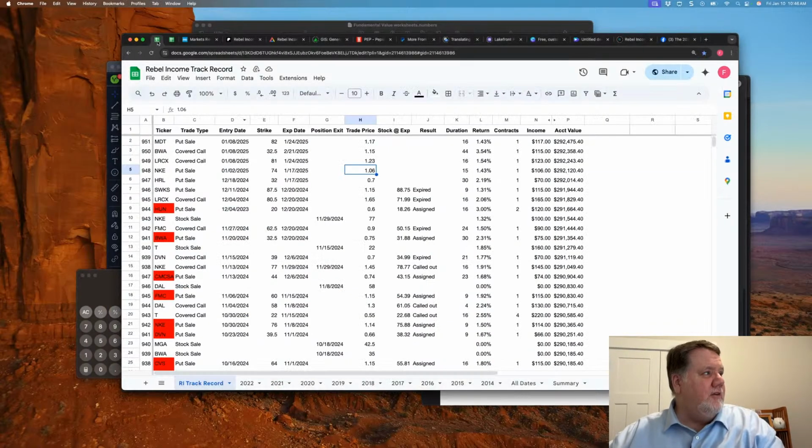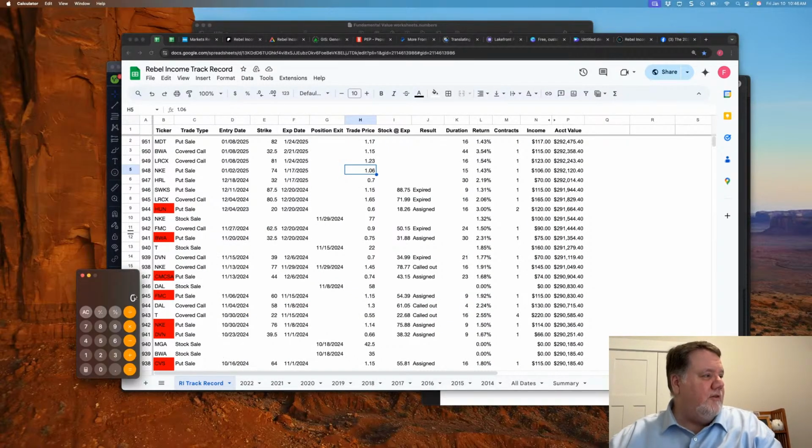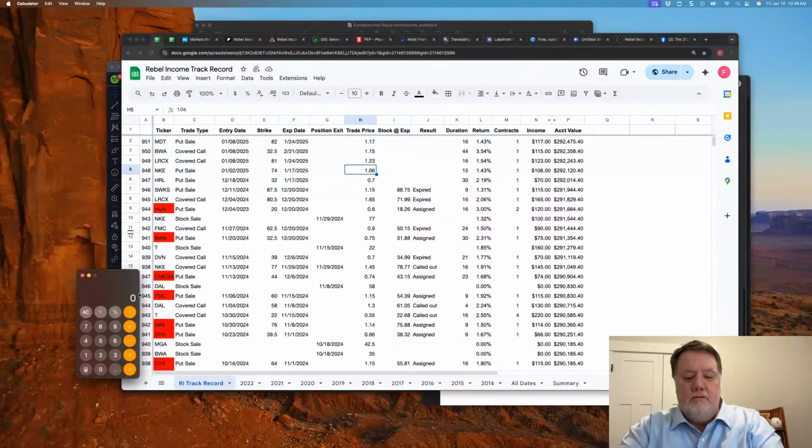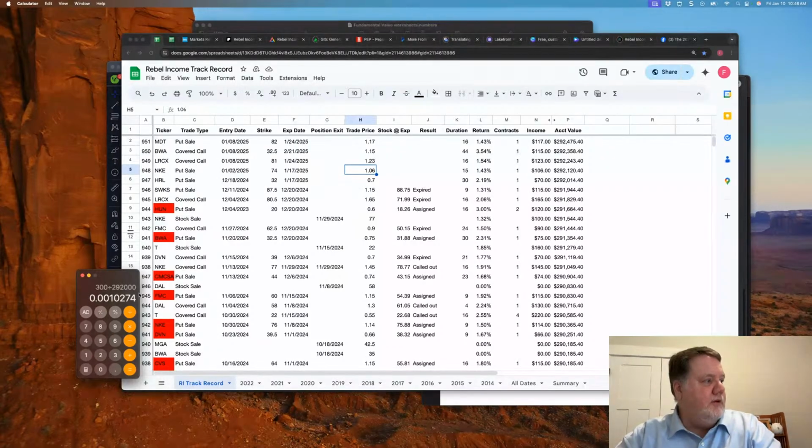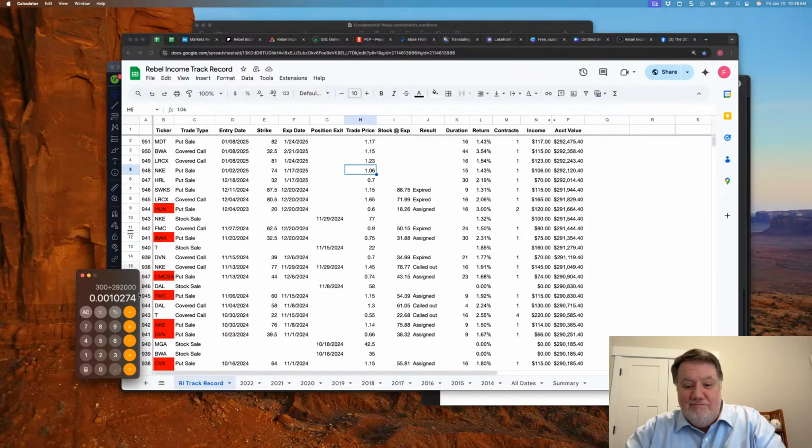But relative to the rest of my account, if I were to do that, that's a fraction of 1%. That becomes a lot more manageable.